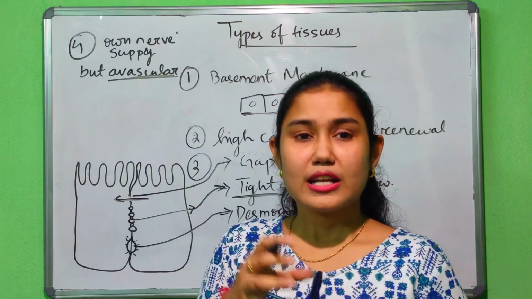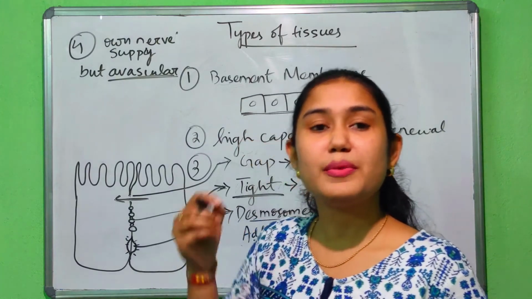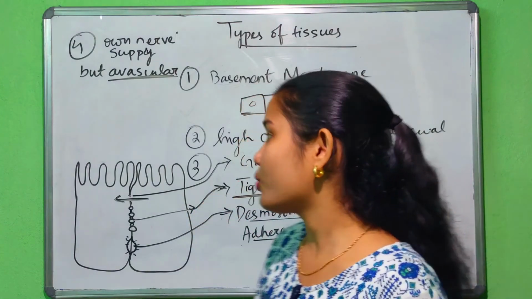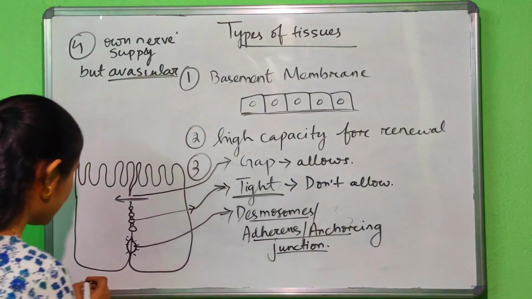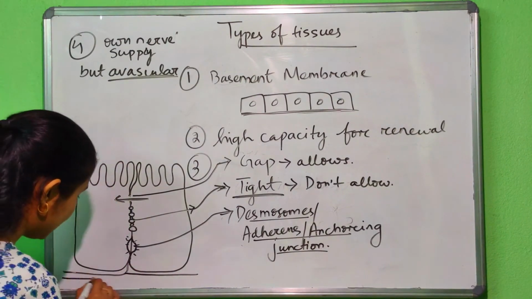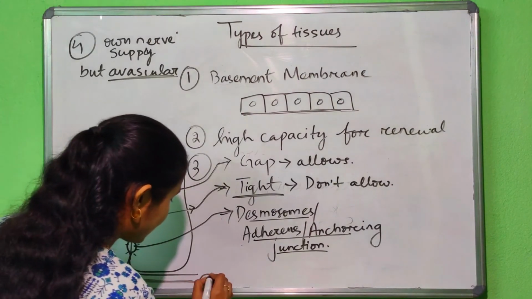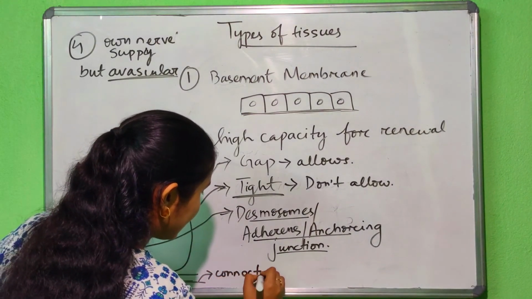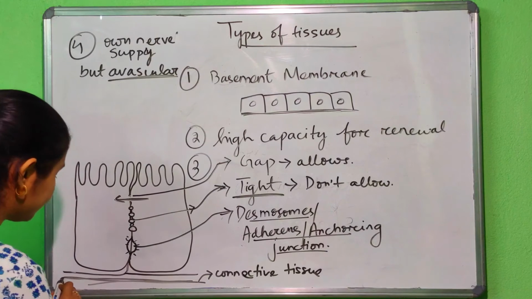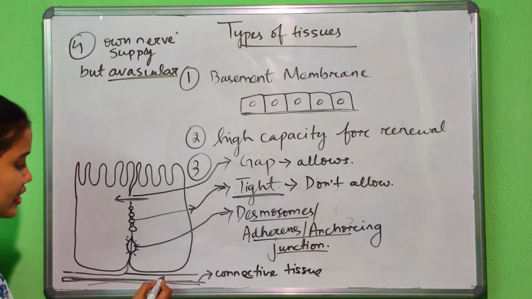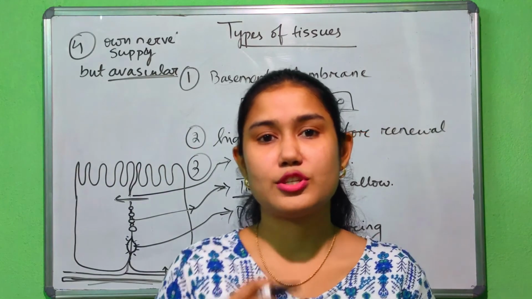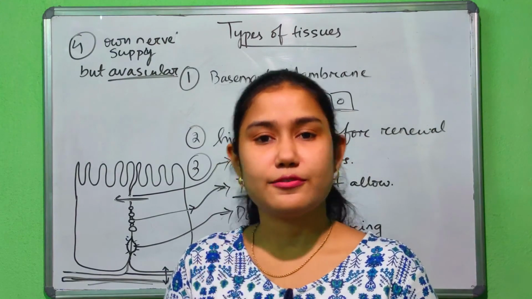The answer is that the blood vessels which bring in nutrients and are responsible for removing the waste materials are located in the adjacent connective tissue. So the nerve supply is its own, and the blood supply is from the connective tissue located adjacent to it. Understood? The exchange of materials between the epithelial tissue and the connective tissue takes place by the process of diffusion.